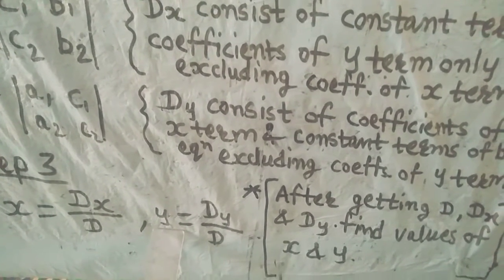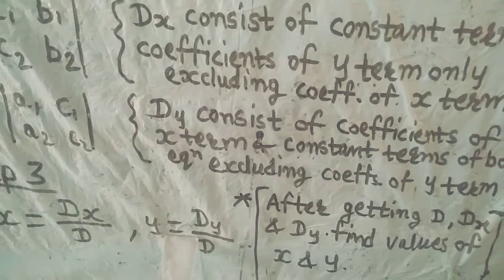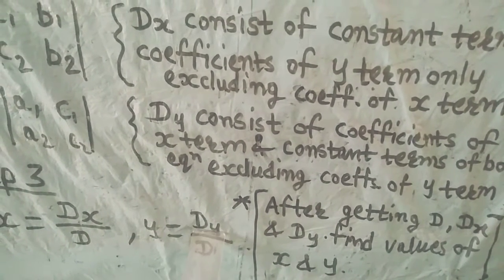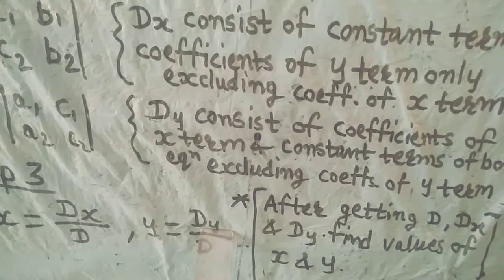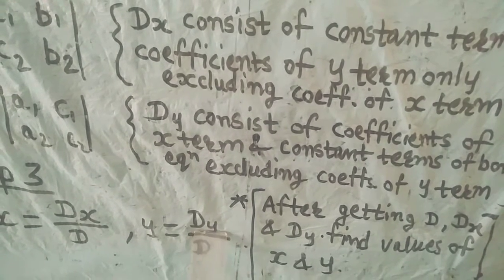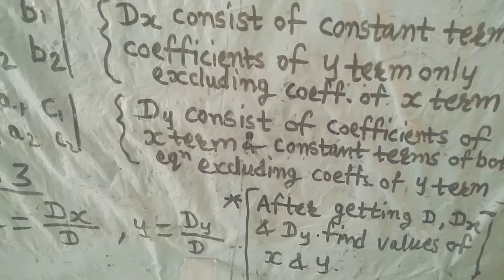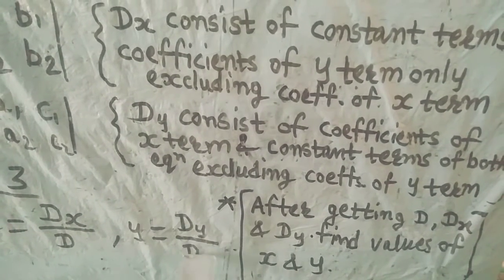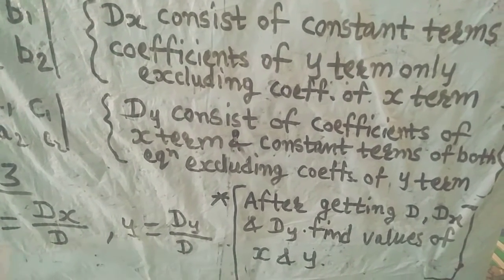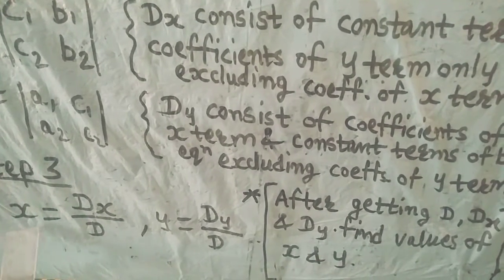Similarly, we get the y value, that is the determinant excluding y upon D, that is Dy upon D. So in this way you will get the solution, that is x and y.